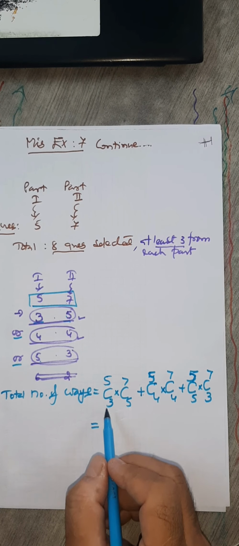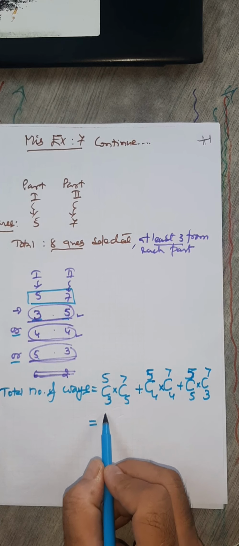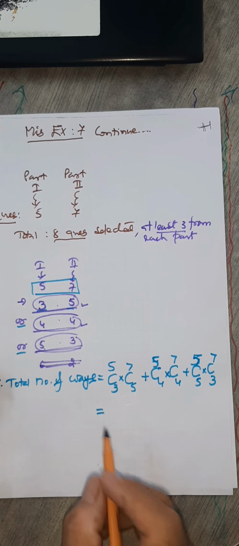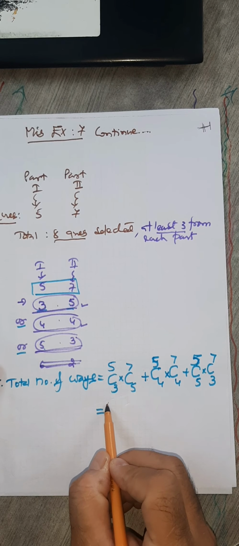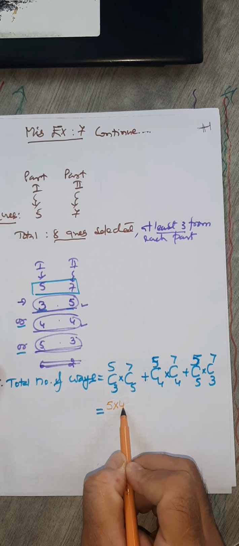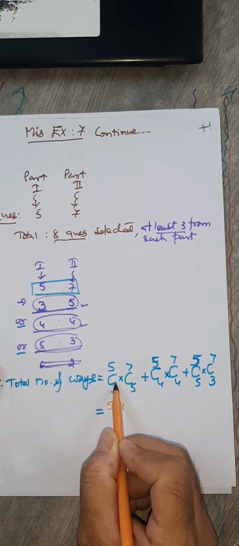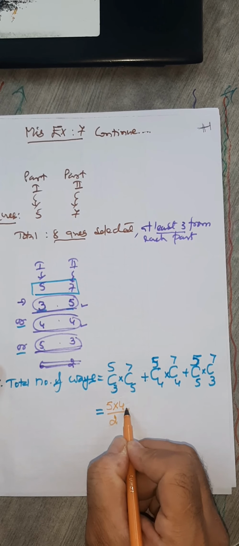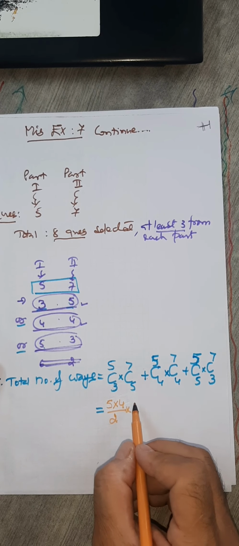Now simplify this. What is 5C3? I'll write directly here. I'll skip one step. That formula step I'm going to skip here. Directly I'm writing 5 into 4 into 3 factorial. That will get cancelled. One more 2 factorial is there, which is 2. What is 7C5?